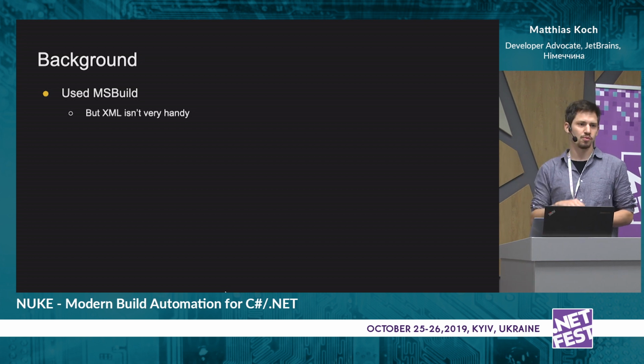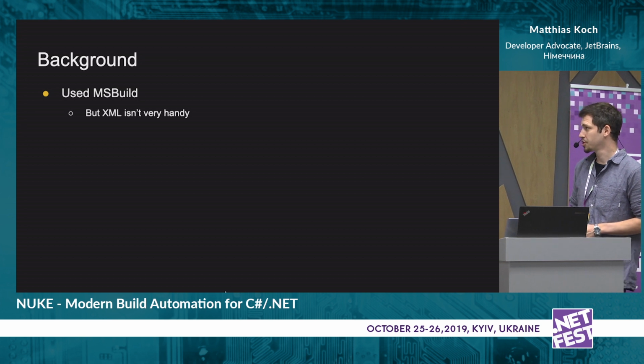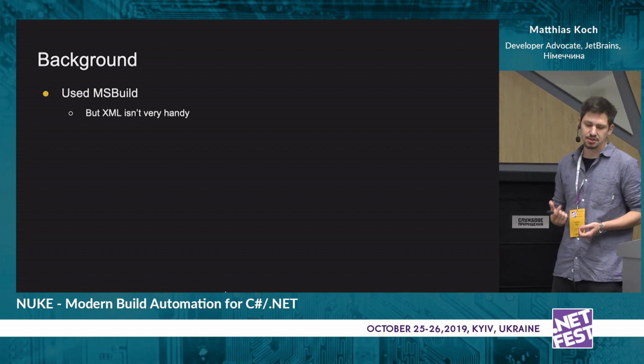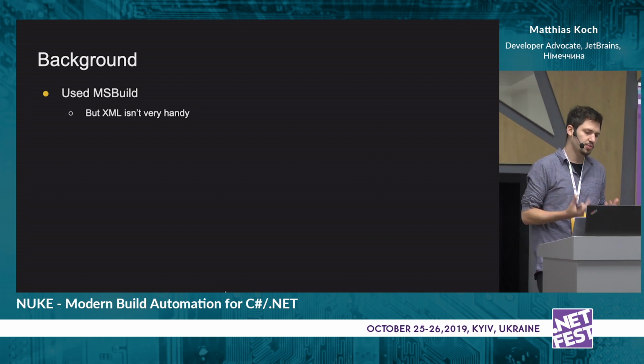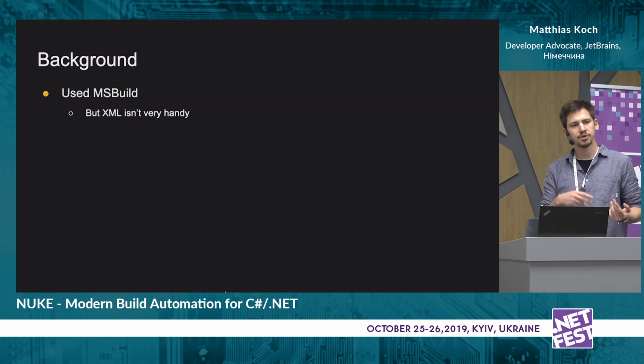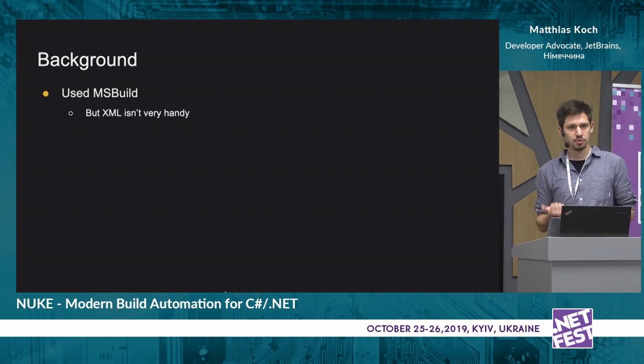Who's not familiar with what build automation is? Everyone is at least a bit, yeah? So generally, just to make a quick definition, it's everything that's needed to implement certain build steps, like compiling your solution, putting everything into artifacts, and by doing that, we eliminate the chance of human error.